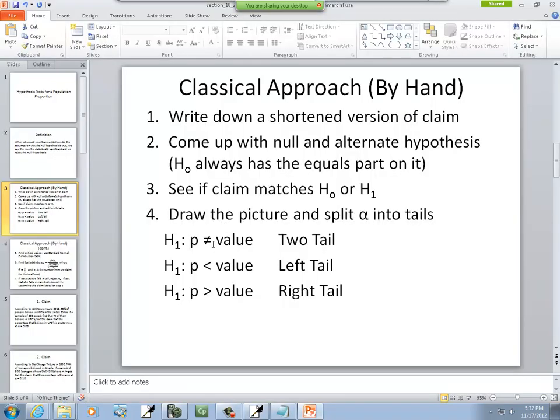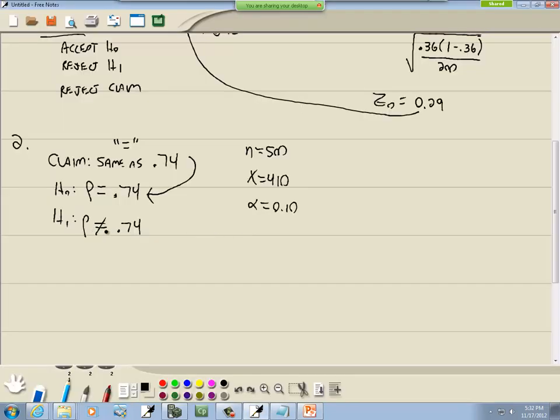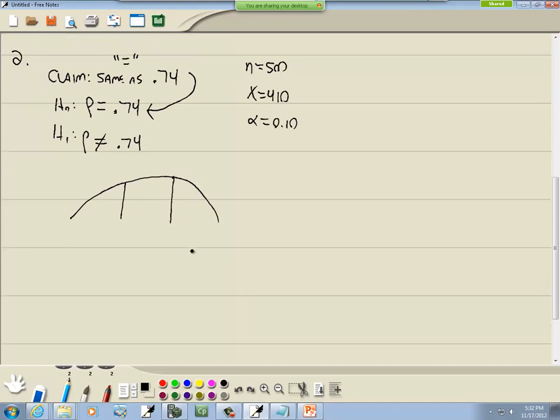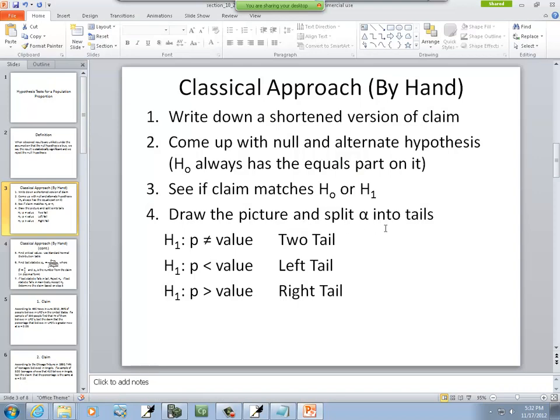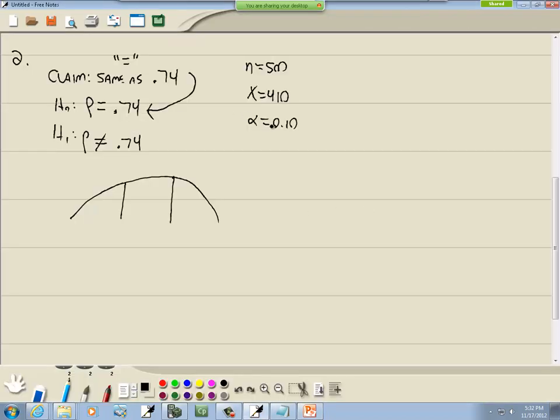Not equal to on H1 says two tails. So we've got two tails. It says split alpha into the tails. Well, alpha is 10%, so we'll put 5% here and 5% here. If I've got 10% in the tails, that means I have 90% in the main body.